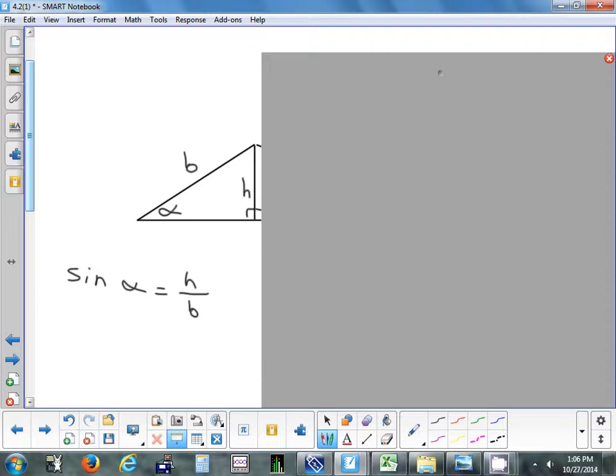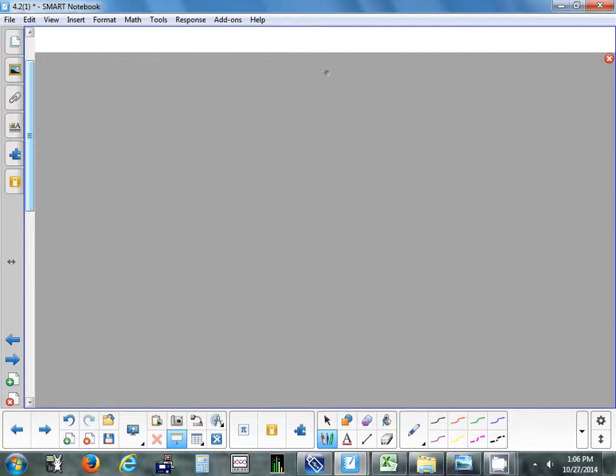Just multiply both sides by B. What that does is it gets H by itself, and now we have B times the sine of alpha equals the height. We have a formula for the height. Any questions on how we got that? All right, so now we're going to do the exact same thing on the right side. We'll come back to that formula in a minute.